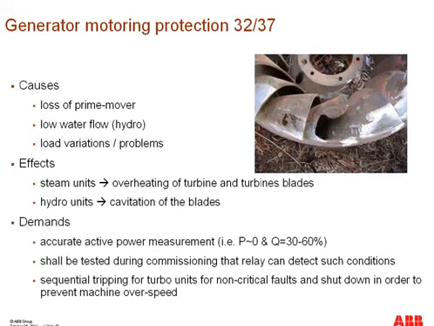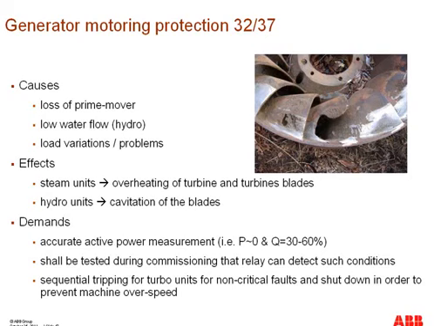This picture shows you the erosion and cavitation of the blades of the turbine due to the motoring condition of the generator. And what could be the causes of this kind of condition? It can be loss of the prime mover.